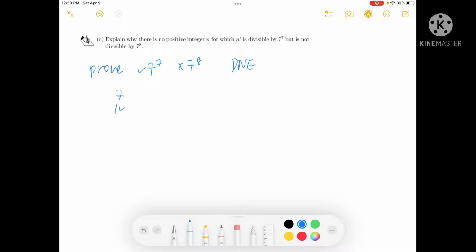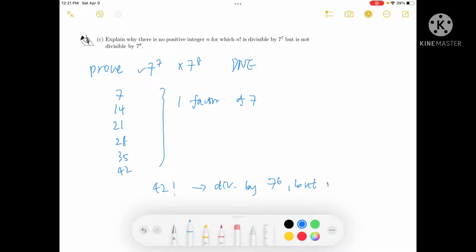There are 7, 14, 21, 28, 35, and 42. Each of them contributes one factor of 7. So up to 42, 42 factorial is divisible by 7 to the power of 6, but not 7 to the power of 7.